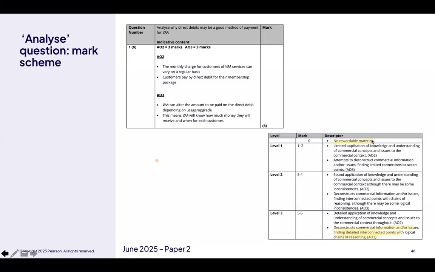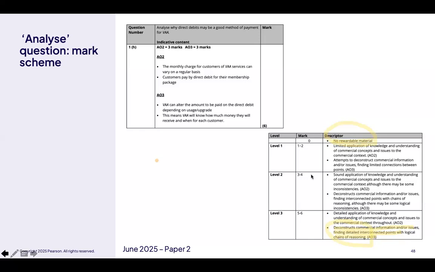What mark do you think that response would get? For AO2, it's effectively got 0, but for AO3 analysis, it's got level 3. Now, the point about these level mark schemes is that they are best fit. So examiners will see that this student is here for analysis, but here for application.